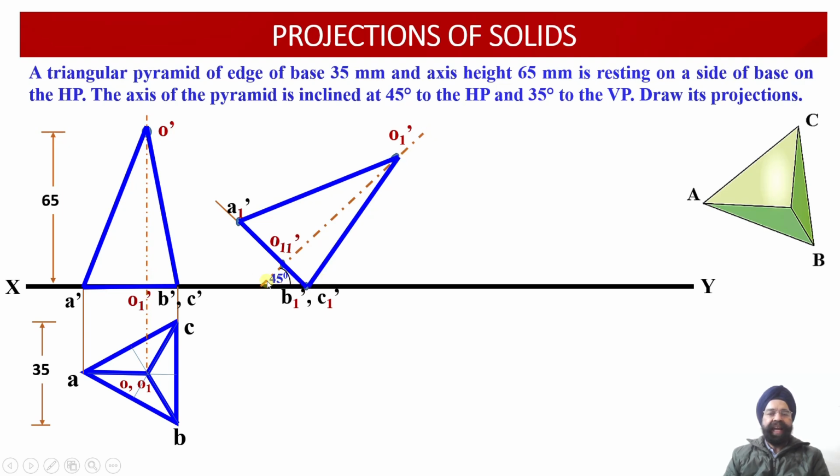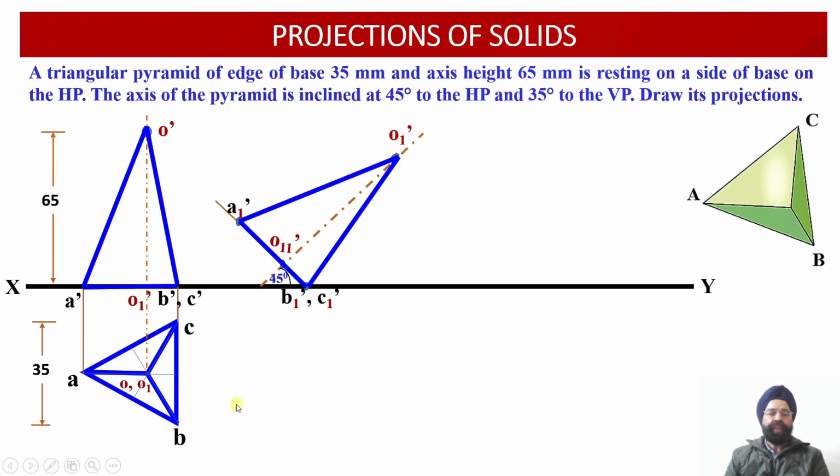Now we can see that this orientation of the axis is 45 degree with respect to the horizontal plane. So now having obtained the rotated view or the transformed view corresponding to this inclined triangular pyramid in the front view projections.